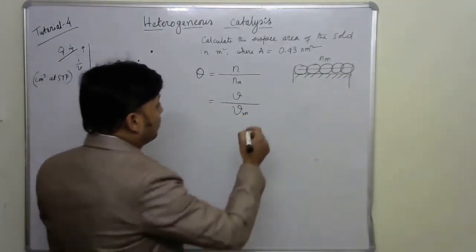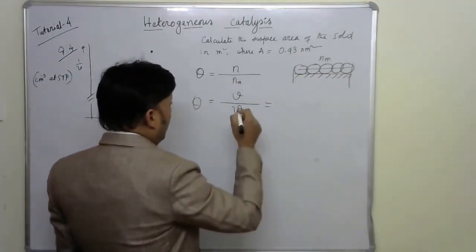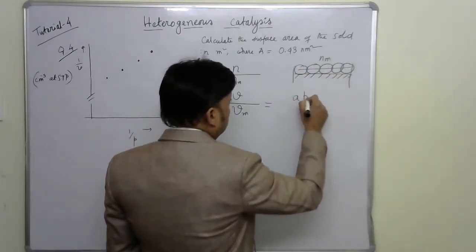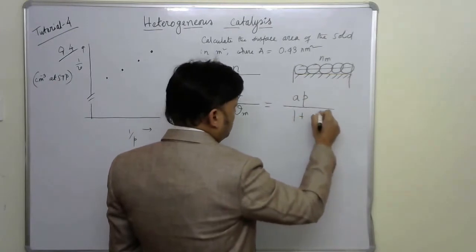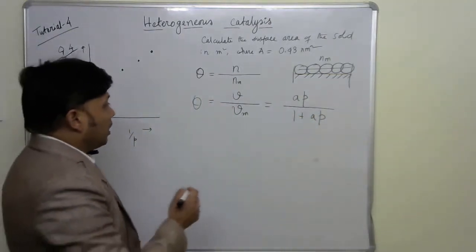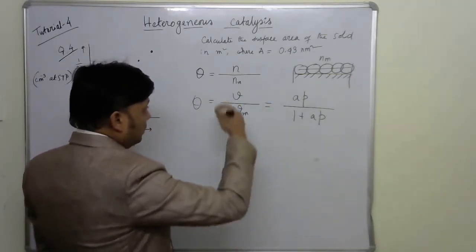Now we know from Langmuir's model that theta, or V over Vm, corresponds to some constant A multiplied by the partial pressure of the gas, divided by 1 plus the constant multiplied by the pressure of the gas. Therefore we can take the inverse of this equation.